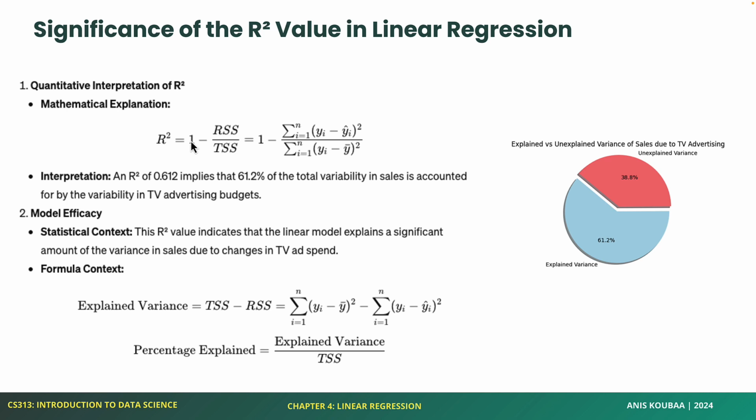Yeah, I mean you have 1 minus. So the closer they are, the more relevance it will be. You have minus here. If you don't have minus, you have TSS minus the RSS. Okay, look at the TSS now.